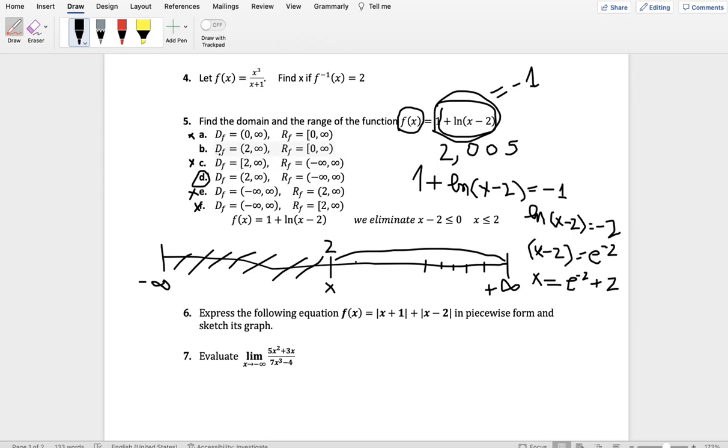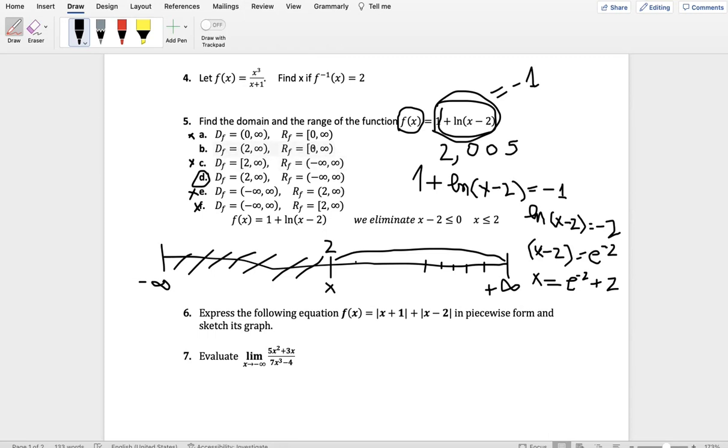If you look at option B and option D, the domains are the same, right? So the only difference is the range. So let's consider the range. What I said was, B is telling us that the range has to be from 0 included to positive infinity, right?